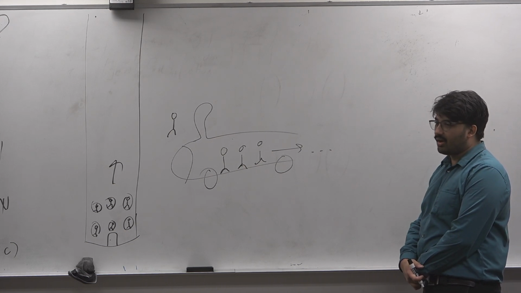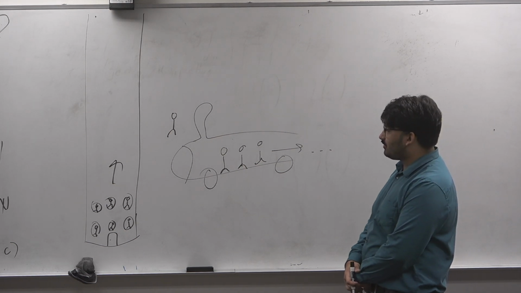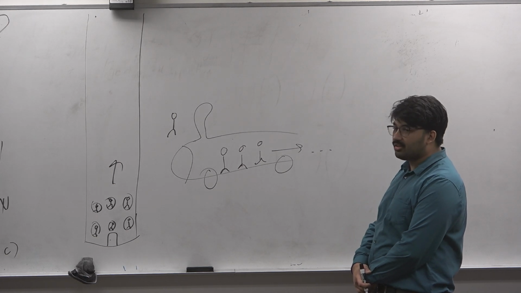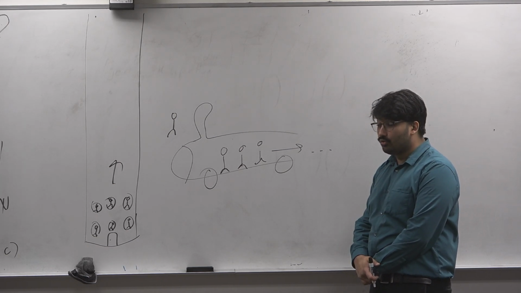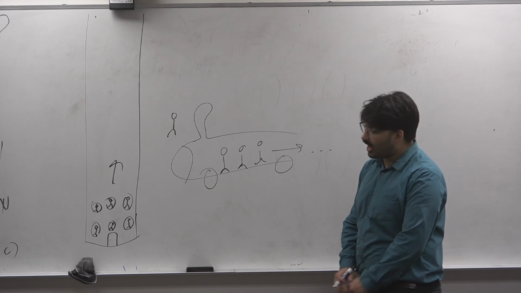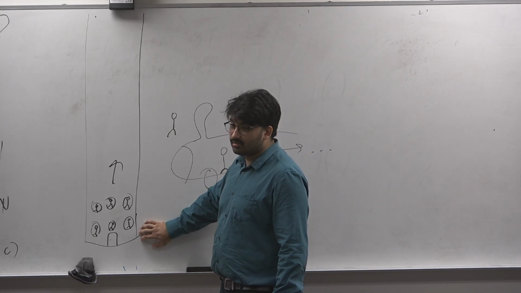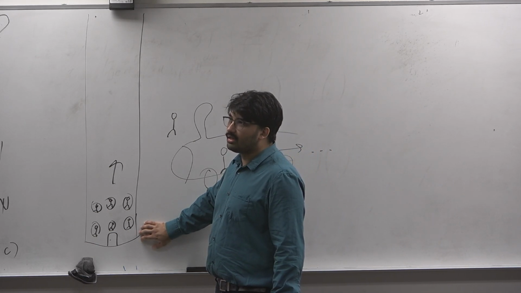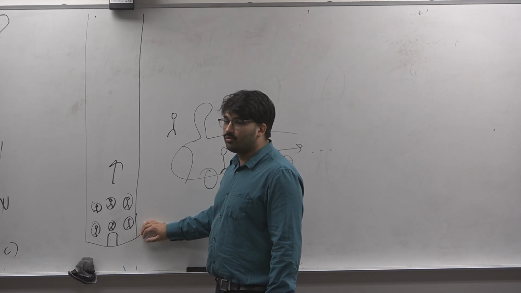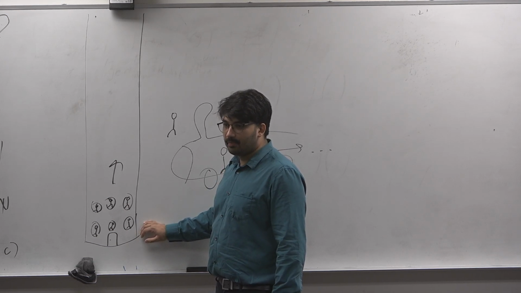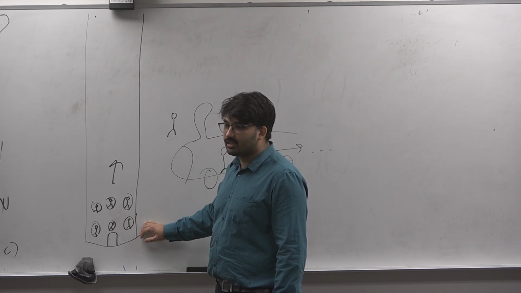They say, all right, no problem. We can assign each of you a room. They tell every patron and the guest in the room, if you are in room N, please move to room 2N. So the guy in room 0 is going to stay there. The guy in room 1 is going to move to room 2. The guy in room 3 is going to move to room 6, and so on. So now the hotel is half empty.